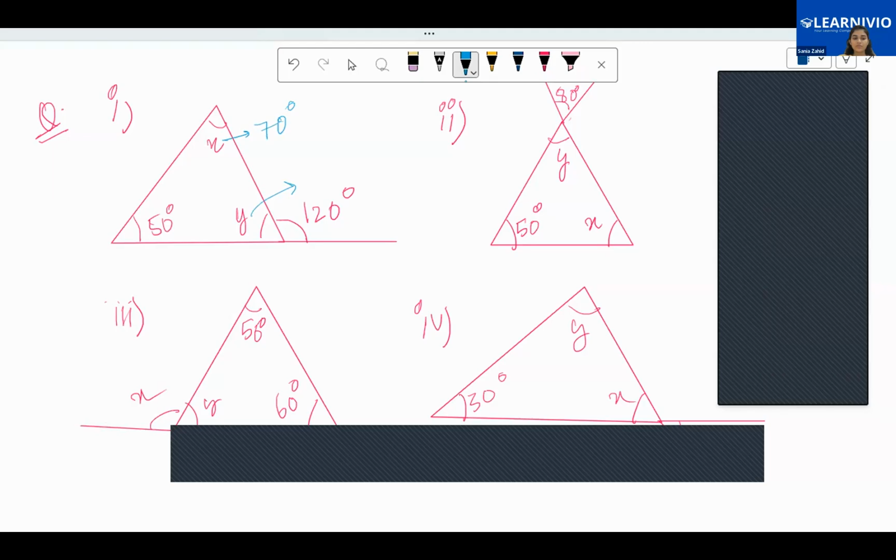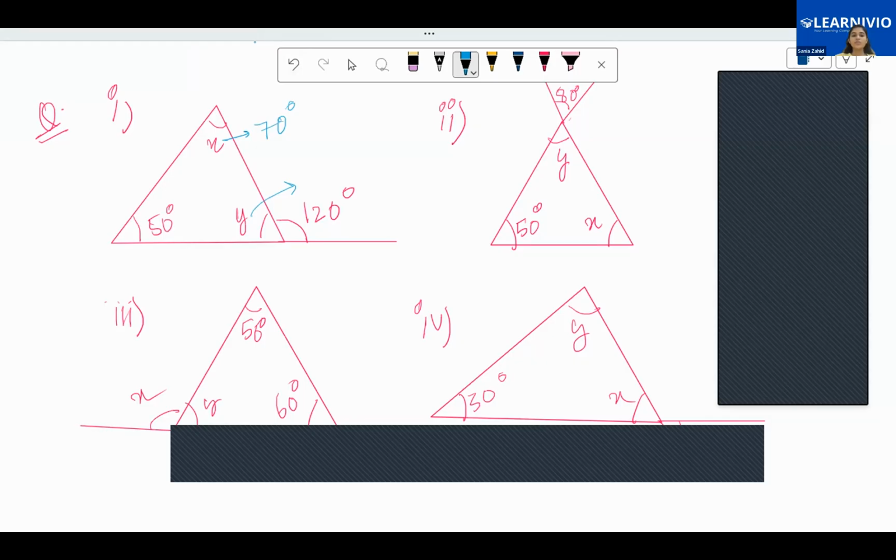Oh, I didn't do that. Why didn't you do y? You have to solve both. Harmeen, have you solved y? Yes, ma'am, I have solved it. y is equal to x plus 50.